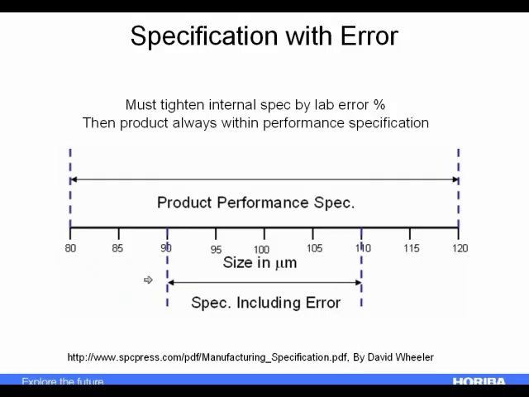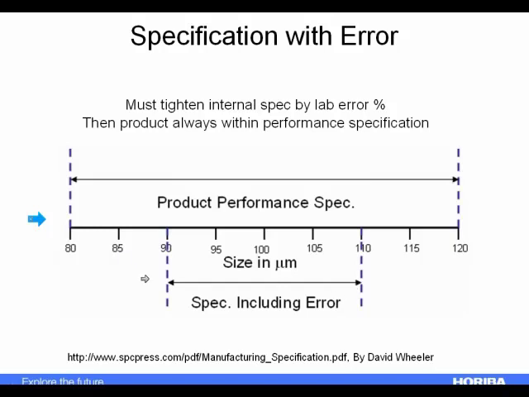What we need to do is include this understanding and internally set our specification tighter than the external specification, so that if I do my measurement here and I know there's an error, there's no chance it actually is outside the specification range. Or if I measure at this end of the distribution, there's no way it's smaller than here.